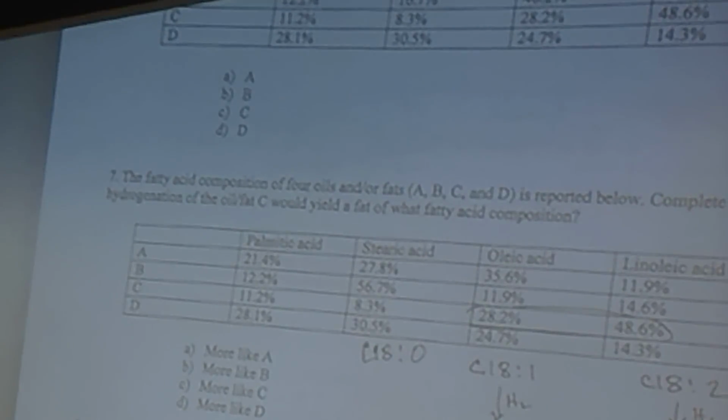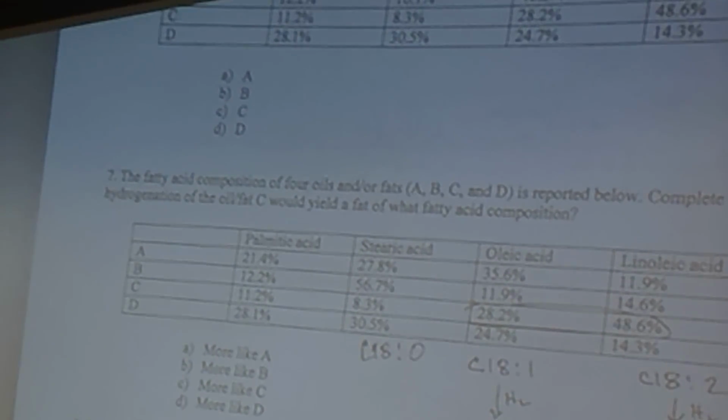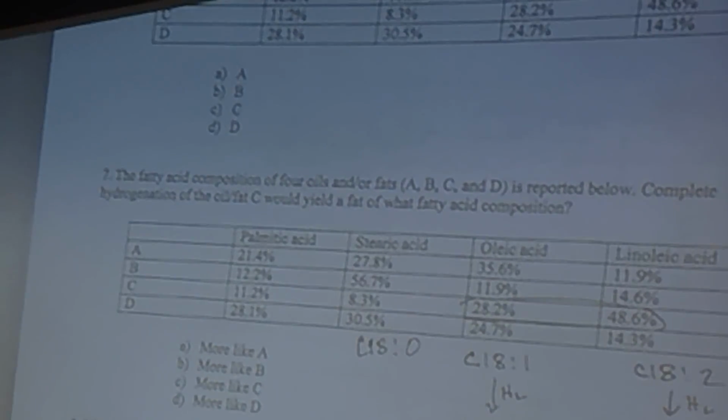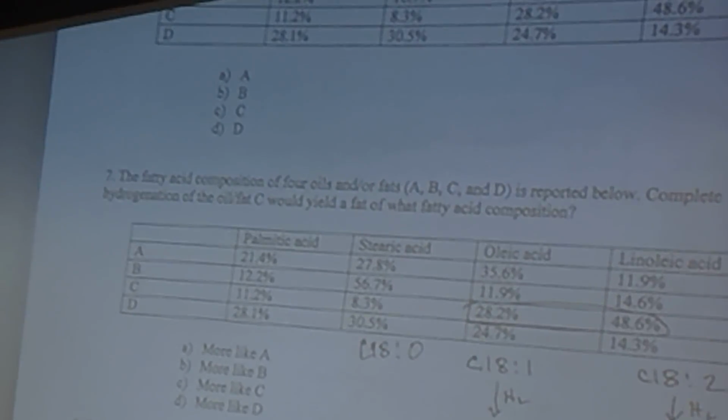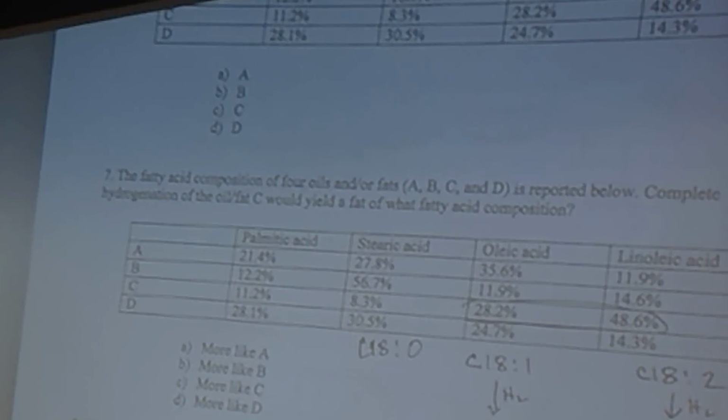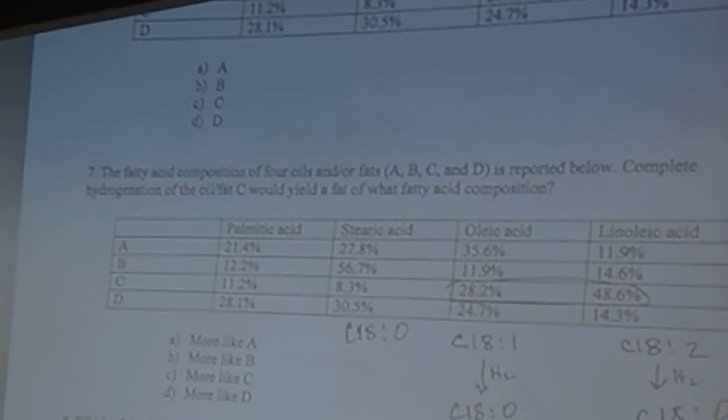After the hydrogenation, C will have palmitic acid at 11%, right? And now look at the stearic acid. What is going to happen to it? It has 8% before. Now we are adding, because oleic is also converting to stearic acid, another 28%, and we are adding another 48%.